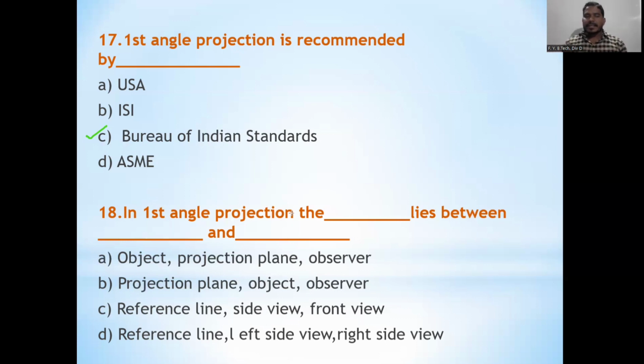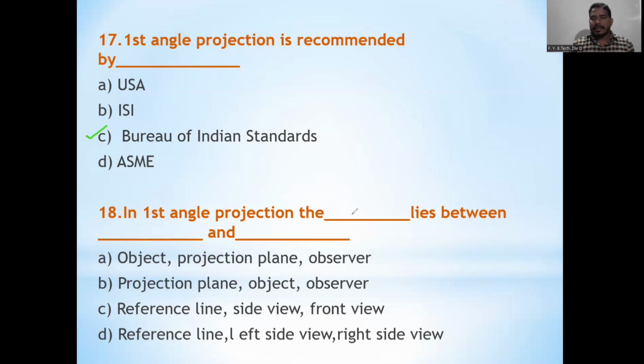That means in case of first angle projection, the object lies between the projection plane and the observer.